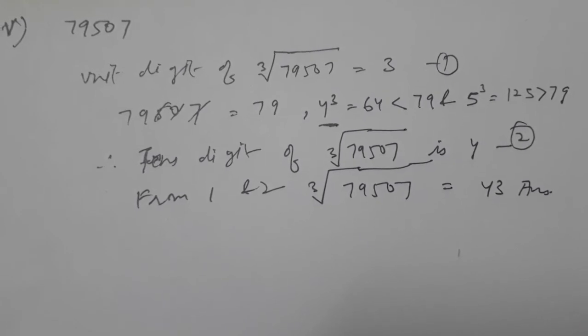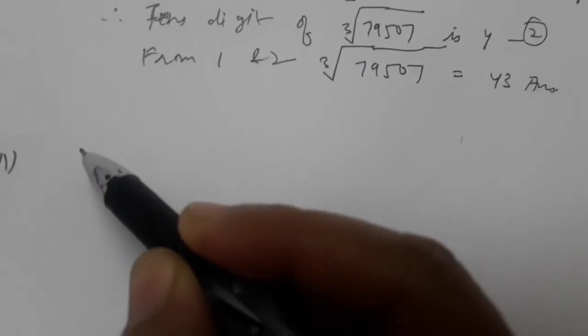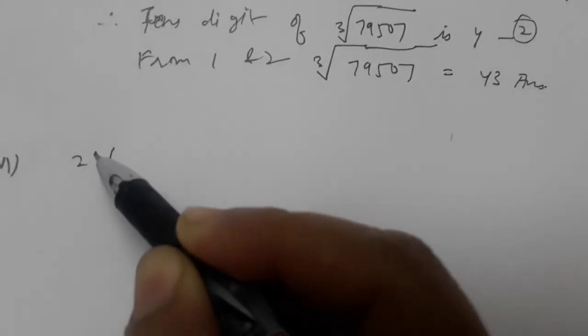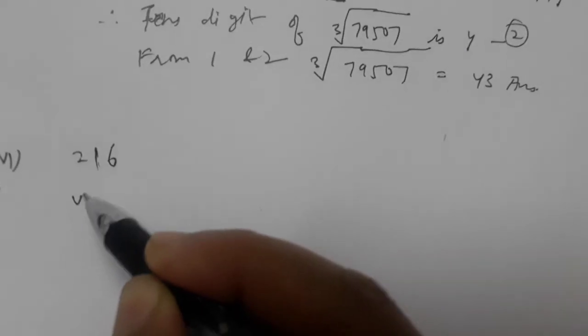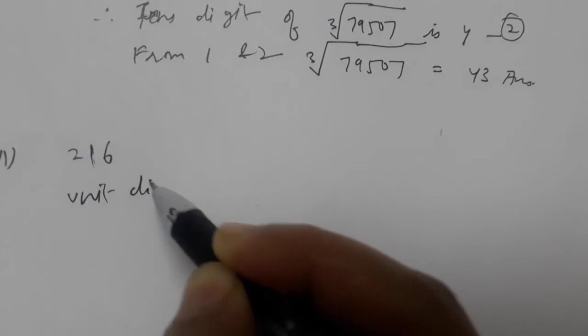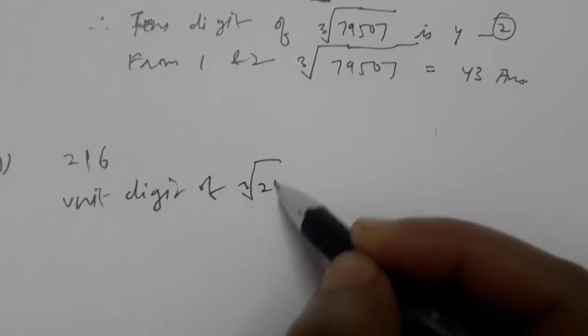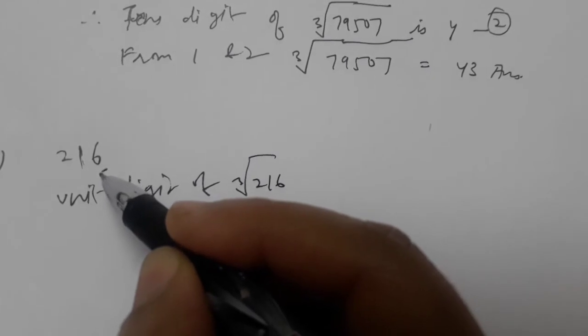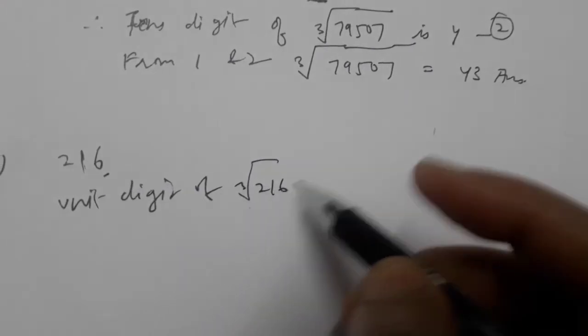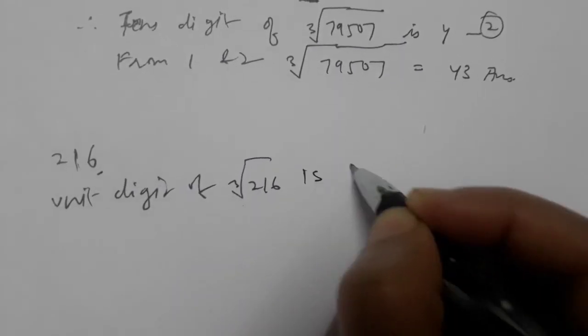Now come to the sixth part. The sixth part is given as 216. So the unit digit of the cube root of 216 would be what? 6 6s are 36, 36 6s are 216, so it is 6 only.